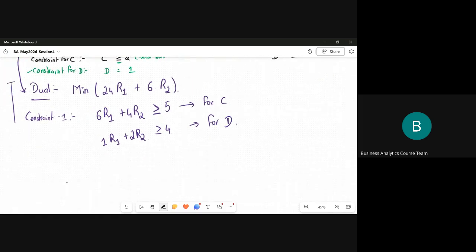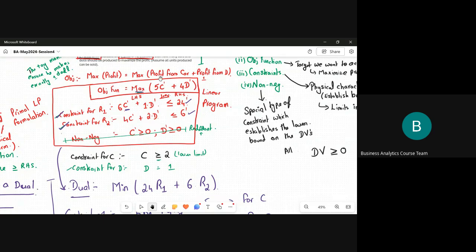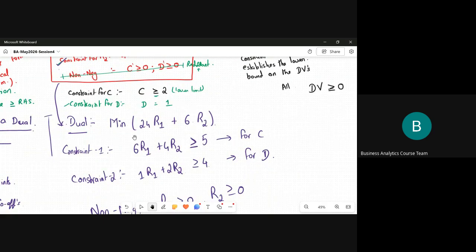The non-negativity stays as it is. So what are my decision variables here? R1 and R2. So R1 greater than or equal to 0, R2 greater than or equal to 0. So this is the shortcut for converting a primal to a dual.